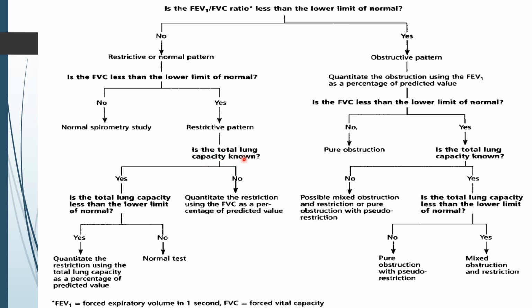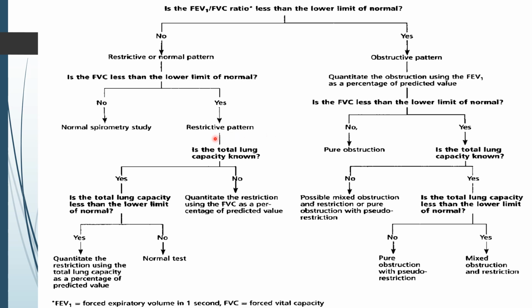If the total lung capacity is lesser than the lower limit, then we have to quantitate the restriction using the total lung capacity as a percentage of predicted value. If not, then we can say that the test is normal.